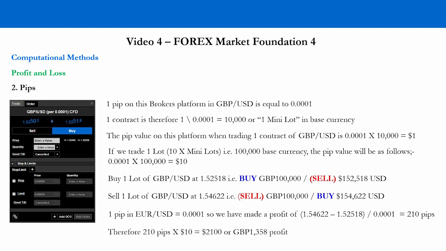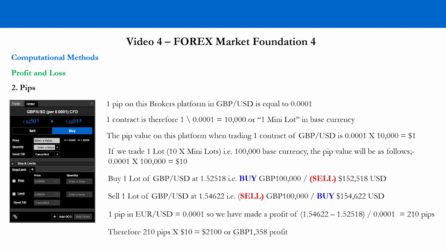Well, 1 pip in euro dollar on the platform is spot 0001. So we've made a profit of the difference divided by spot 0001, which is 210 pips. And then we multiply that by our pip value in quote currency. That gives us a profit of $2,100.